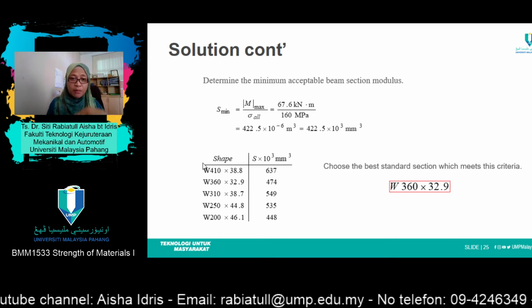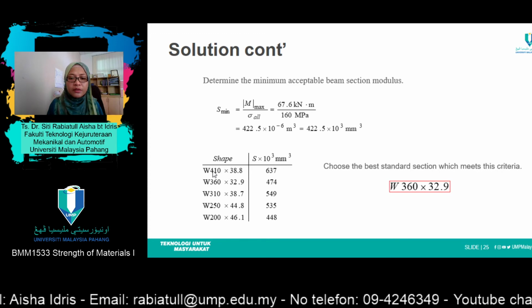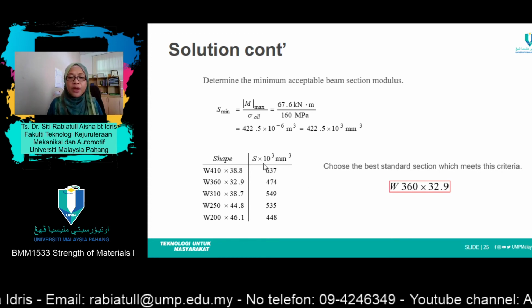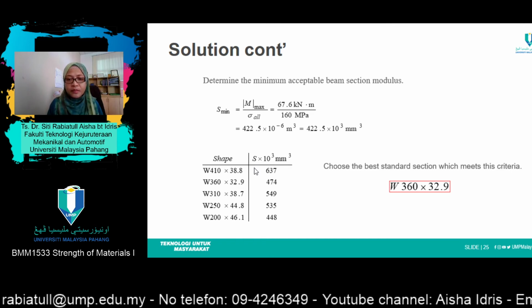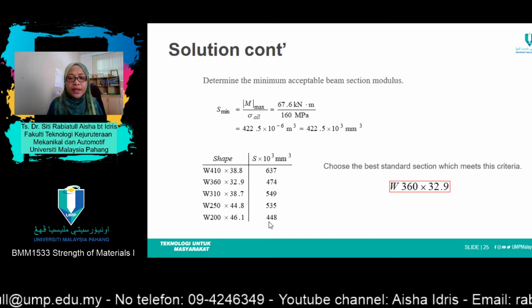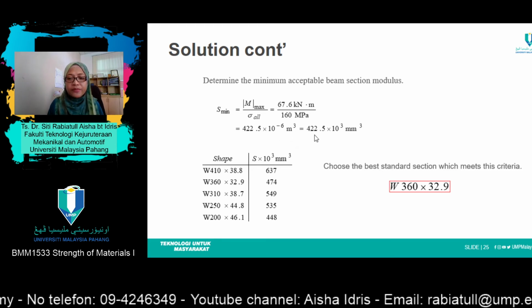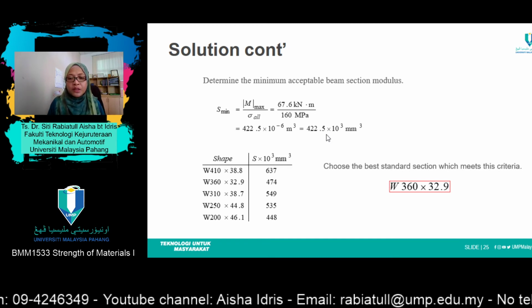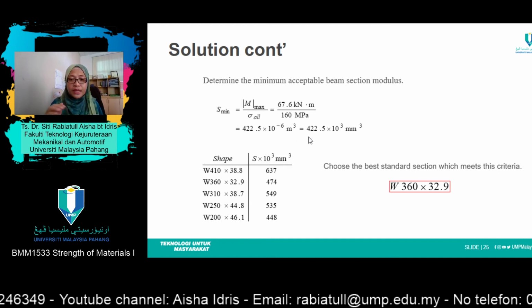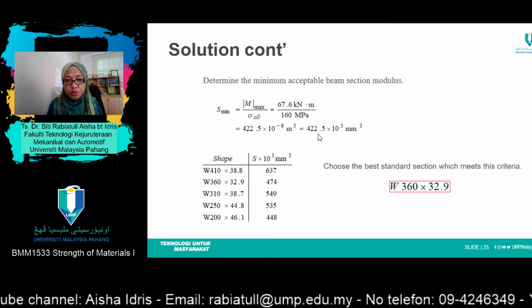From the table, you may find various types of shape with its own value of S. The value is different, and the value of S that has been calculated is 422.5. So from there, you need to select the nearest value for 422.5.